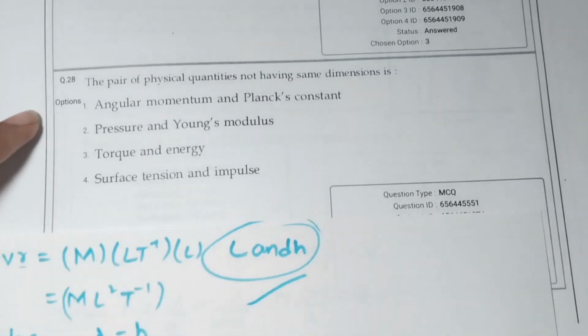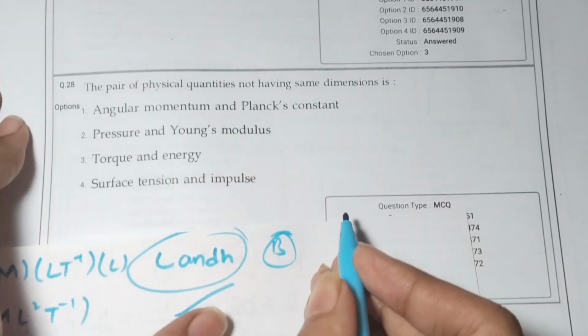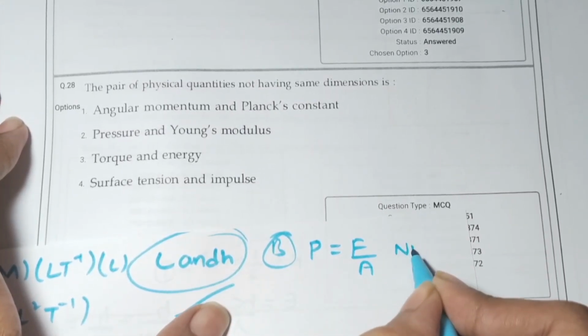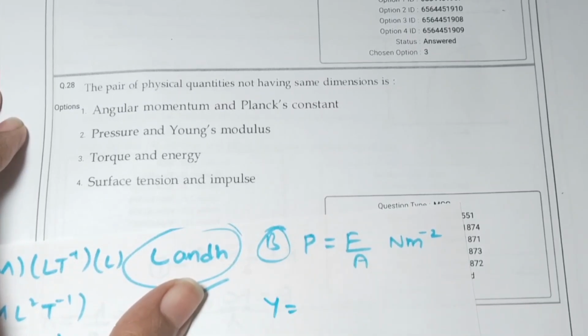dimensions. Next, option B. Pressure and Young's modulus. See, pressure is having force by area, Newton meter minus 2. Young's modulus is also same thing, right?